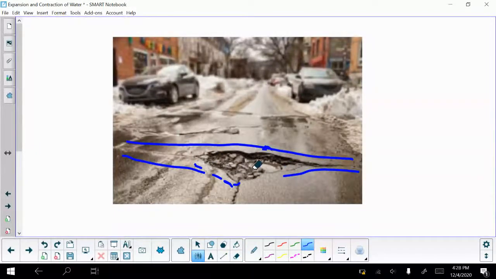Really what has happened is all of these cracks have been formed as the water froze and pushed away. And you can see in areas where there are small cracks, pretty soon we'll have water freezing in those, and then they will expand and they will continue to crack.